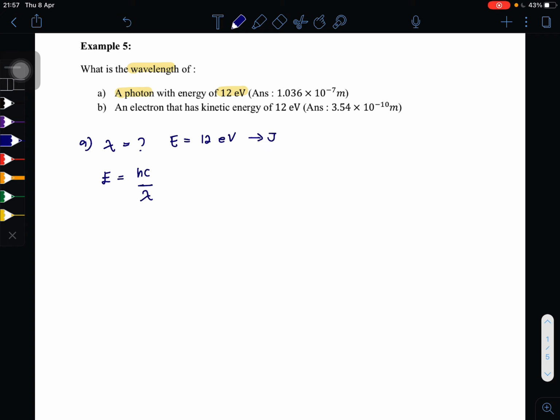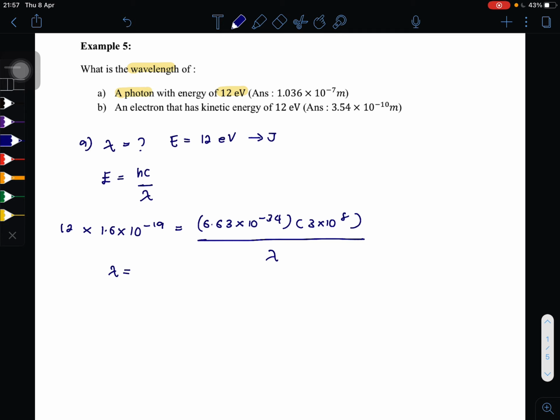So we need to convert that, times 1.6 exponent negative 19, equal to Planck constant 6.63 exponent negative 34 times the speed of light, divided by the wavelength. So wavelength is equal to 1.036 exponent negative 7 meter.